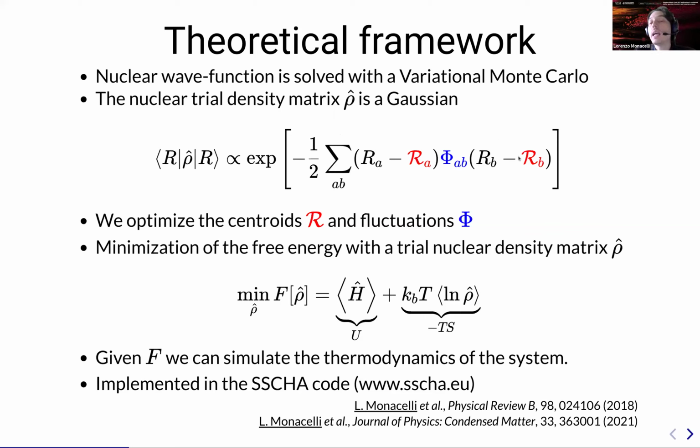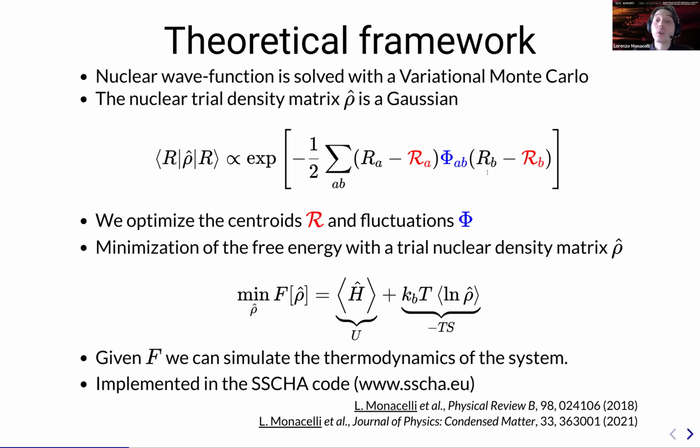Now, this is very good usually for nuclei, because while electrons tend to be very delocalized, especially in the metallic phase, nuclei, even if they fluctuate a lot, are usually localized around the site position. So Gaussian is the maximum entropy, if you want, wave function to describe something which has a fixed average position and fluctuation.